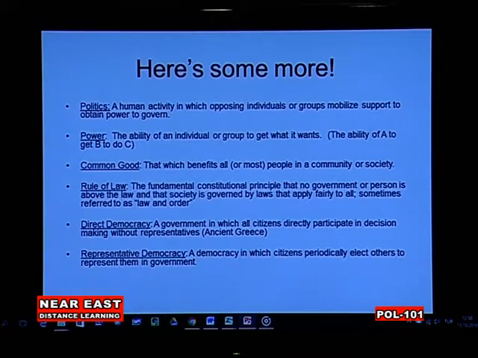Rule of law, again, is a fundamental constitutional principle that no government or person is above the law, and that society is governed by laws that apply fairly to all, sometimes referred to as law and order.